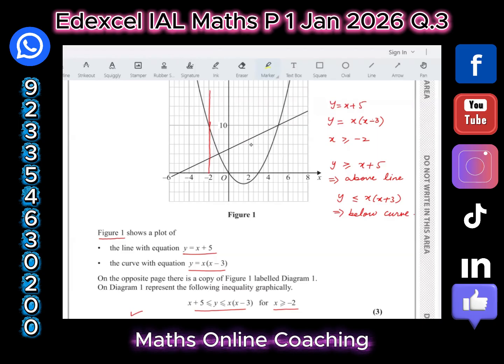Now look at figure 1. We have to take the region which lies above the straight line and below the curve. So this is the required region. And similarly, above the line and below the curve, this one is also included. Now this shaded area in the figure represents the inequality graphically, which completes the solution.